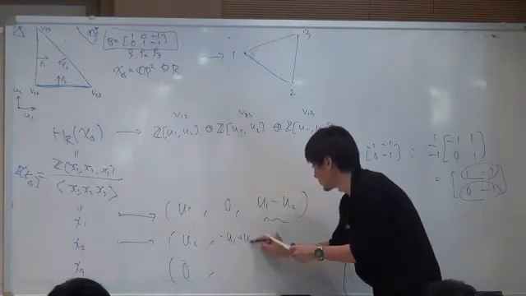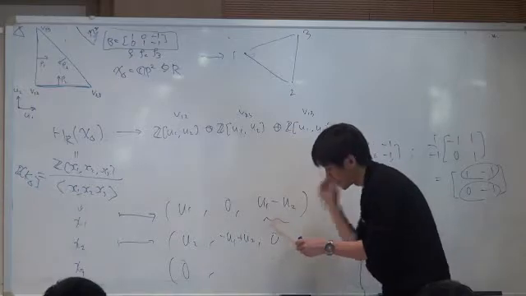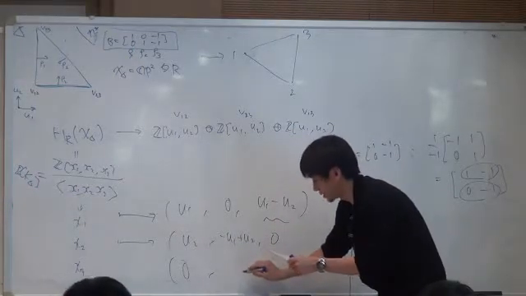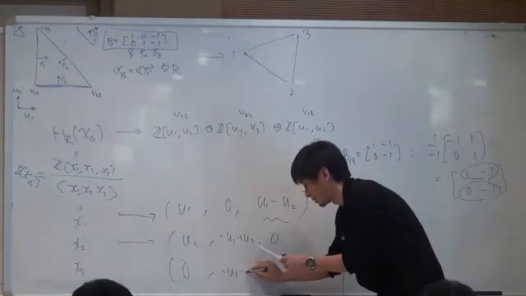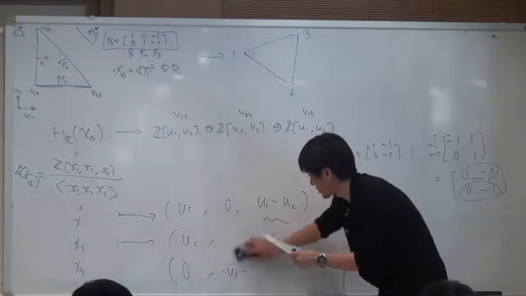Minus u1 plus u2, 0. And x3, lambda 3 is minus u1. Wait.